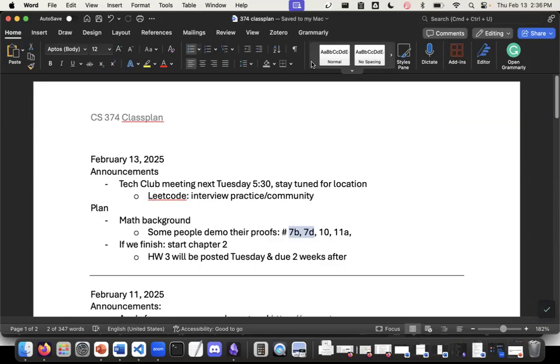I think that is a fun one. And here I wrote down 11A, but I actually want to see what you do with the chocolate problem, at least to get you started on that. I'll give you at least till 2:45, and then maybe we'll start the next chapter. So problem 10 and the chocolate problem.